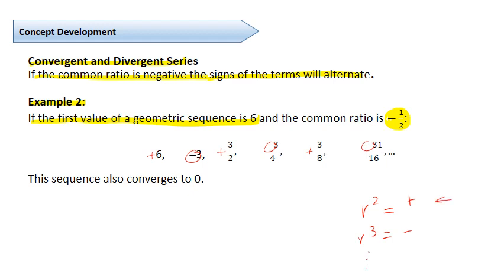What I mean by this is if the power is even, we get a positive, and if the power is odd, we get a negative. This is a sequence that converges to 0 because my common ratio is -1/2. It is between -1 and 1.